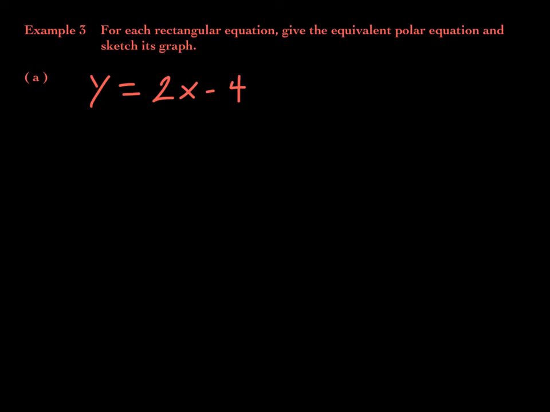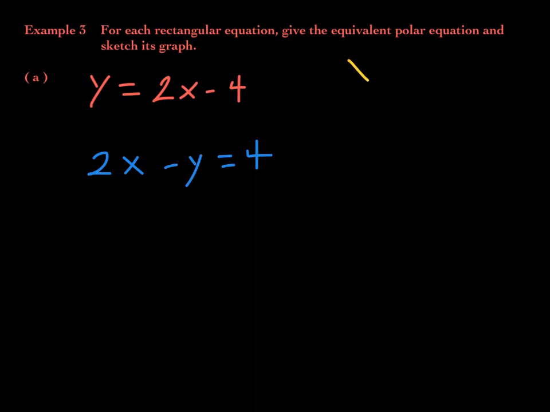So the first thing I'm going to do is write this in what we call standard form for a rectangular equation. In other words, I am going to get my x's and y's on the same side. Okay, so I basically subtracted y and added 4 to both sides. And then the next thing I'm going to do, remember this, guys, as I make my substitution here.